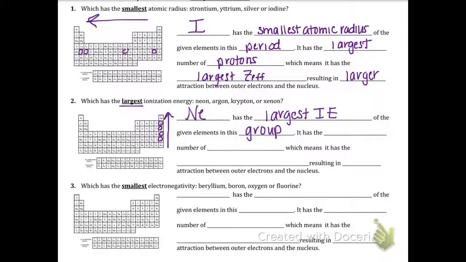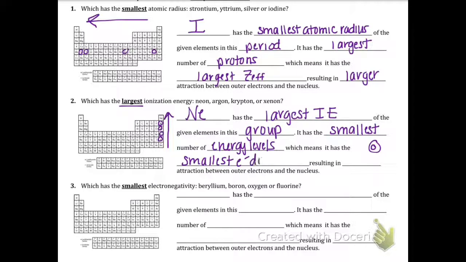Remember, group is all about energy levels and electron distance. So neon is on the second row, so has 2 energy levels. Xenon is on the 5th, so has 5 energy levels. So between the two, neon has the smallest number of energy levels. It only has 2 rings, it means that the electron distance is also very small.